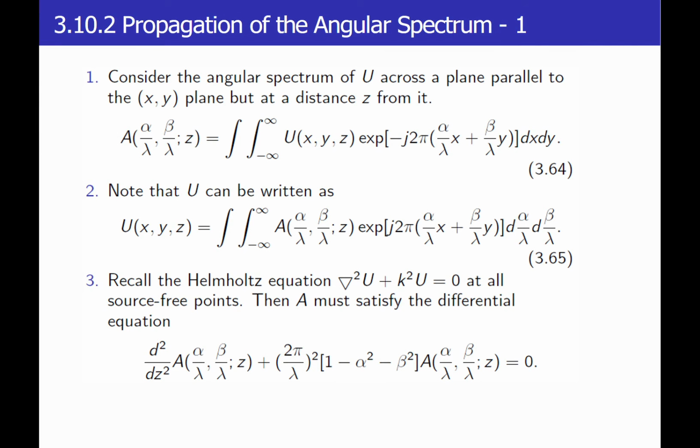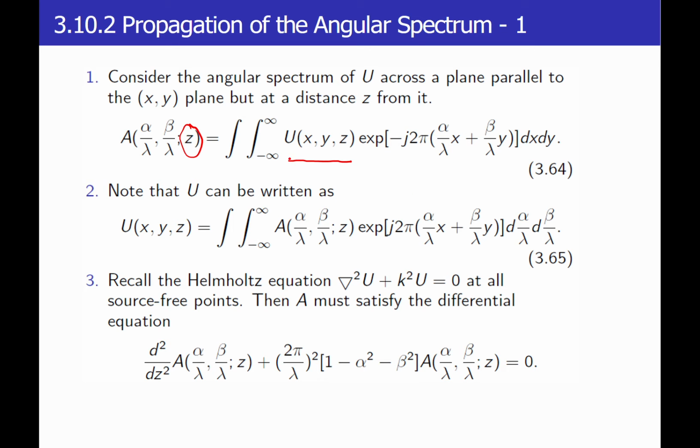And then consider the angular spectrum of u across a plane parallel to the xy plane, but at a distance z from it. So what we are going to do is look at this component, and this is nothing but the Fourier transformation.